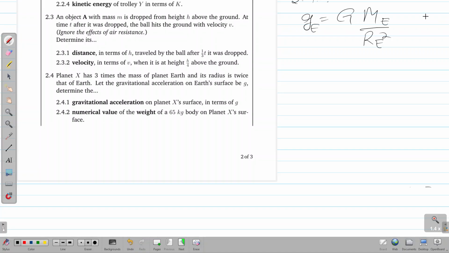I think at this point you can just deduce the factor by noting that g is directly proportional to the mass. So if I change the mass 3 times, g will also be 3 times as much. And if I double the radius, since g is inversely proportional to the square of the radius, this will reduce by 1 over 2 squared, so g will reduce by a quarter. So the new g will just be 3/4 of the original g. But I'm just going to write the calculations down.